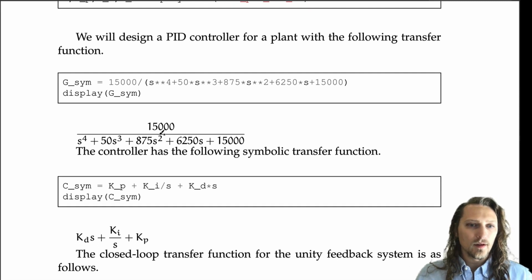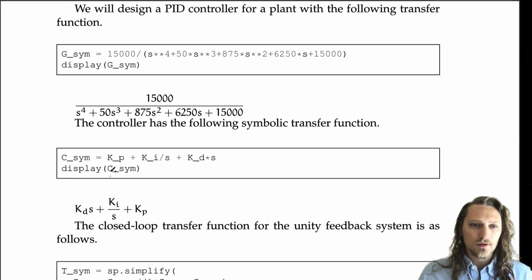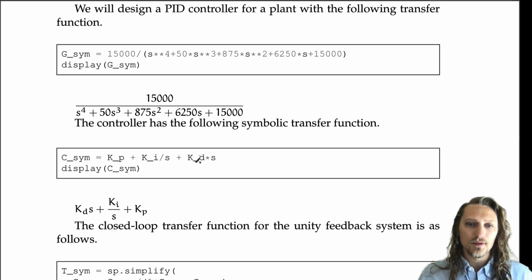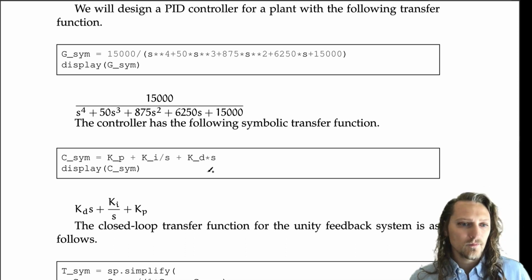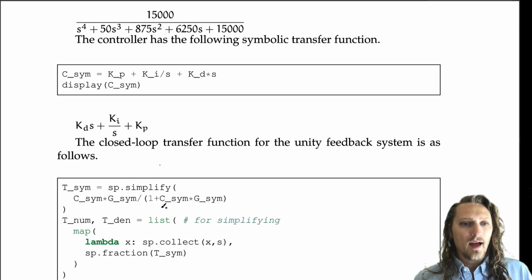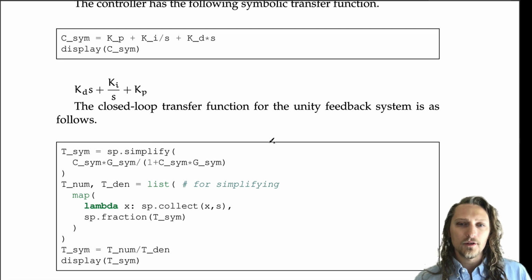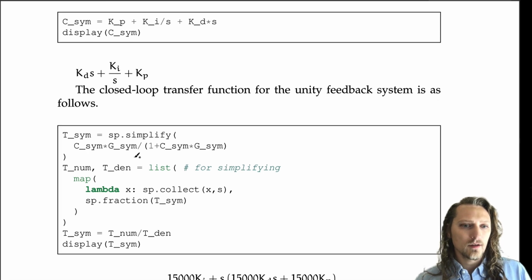So here's a pretty printed version of the transfer function. The controller has the following symbolic transfer function. So we know it's a proportional term plus an integral term plus a derivative term with the appropriate gains, and a pretty printed version of that. The closed loop transfer function for the unity feedback system is as follows.